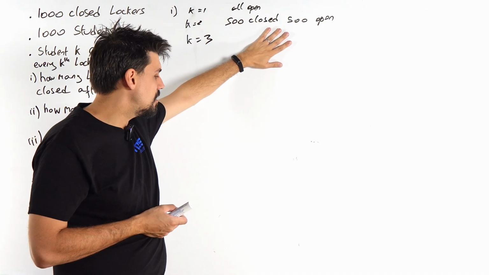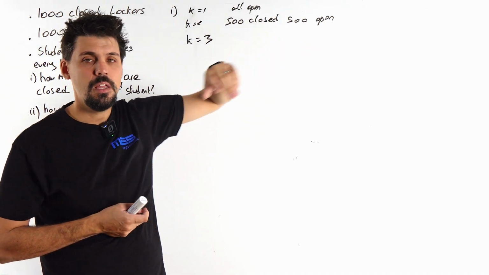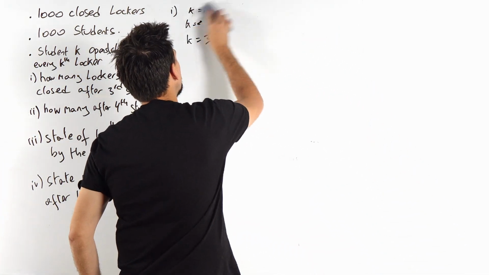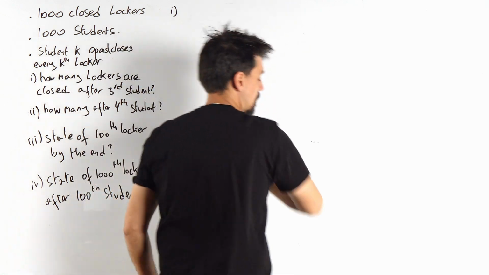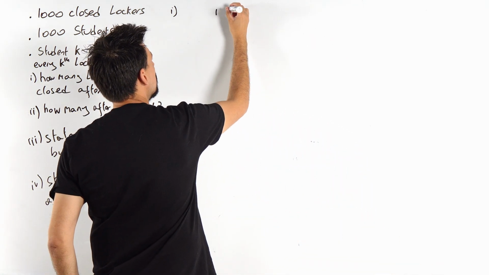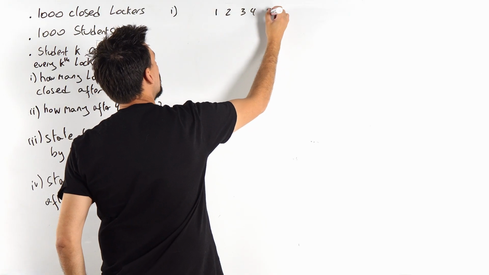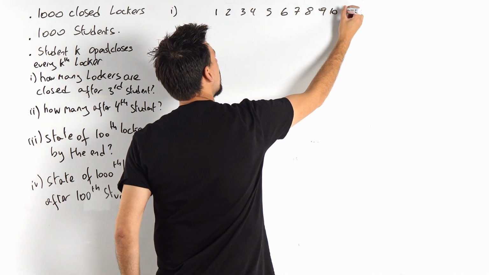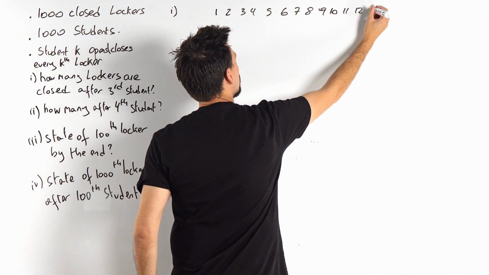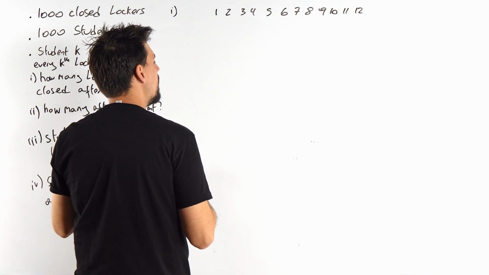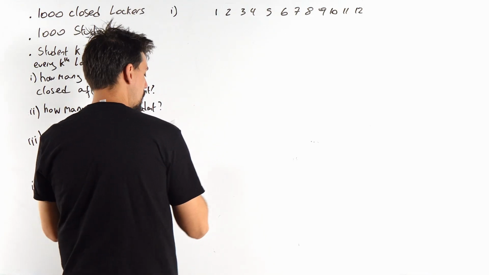So what I suggest is, to get our head around this, let's just write out a few of our lockers. Okay, so locker 1, 2, 3, 4, 5, 6, 7, 8, 9, 10, 11, 12. Let's go with that.